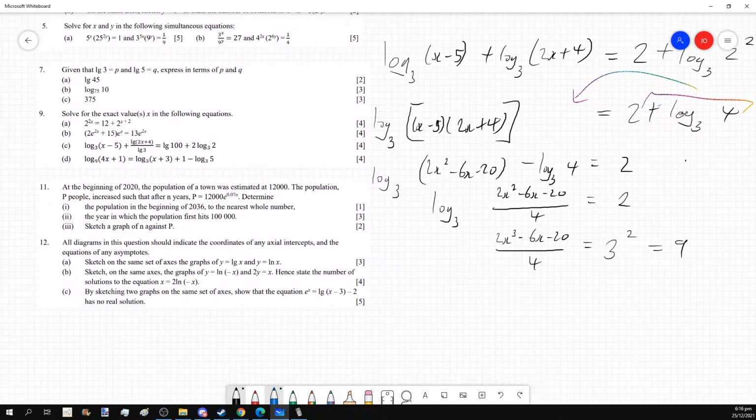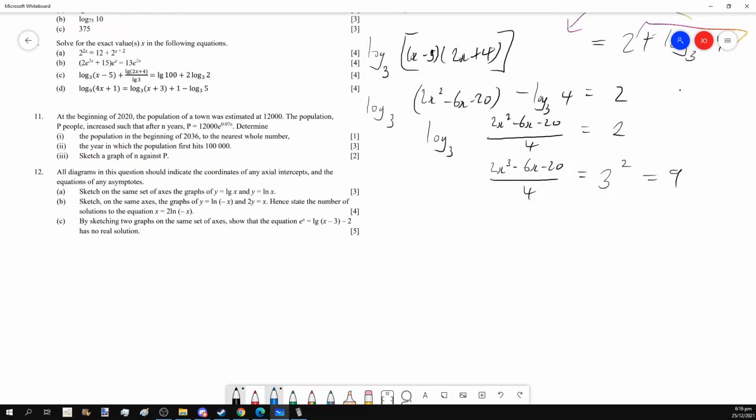Right, so once we have this, we will go on to simplify. I just realized the 2 became a 3, my mistake. There we go. Once we have this, we will simplify the left hand side a little bit, and we will get the following.